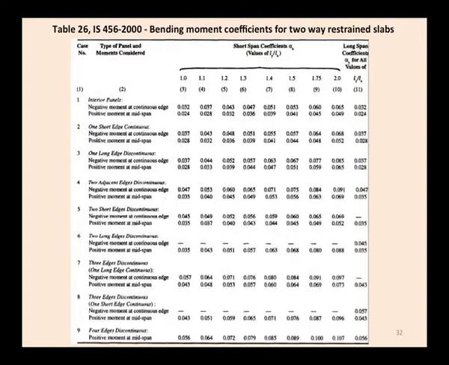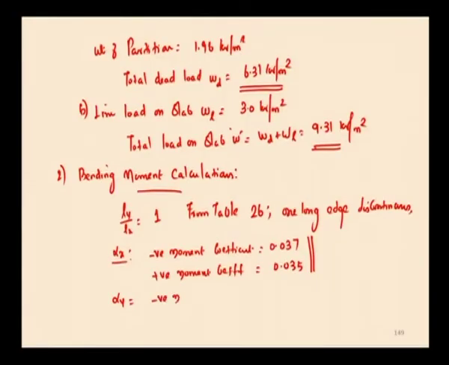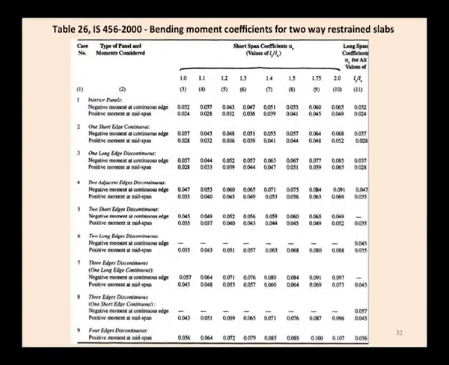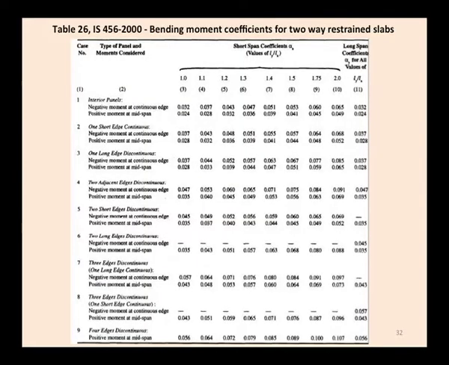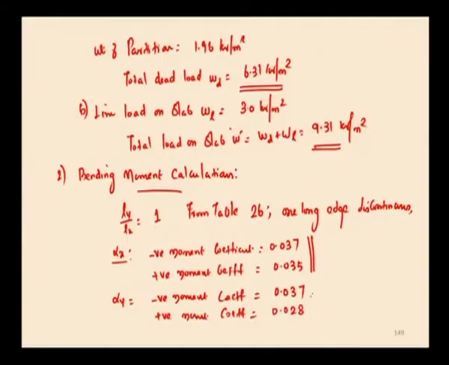So, for any value of Ly by Lx, the negative moment coefficient in y direction, for one long edge discontinuous, is 0.037 and positive moment coefficient is 0.028. So, here the moment coefficients along x as well as along y directions are the same.